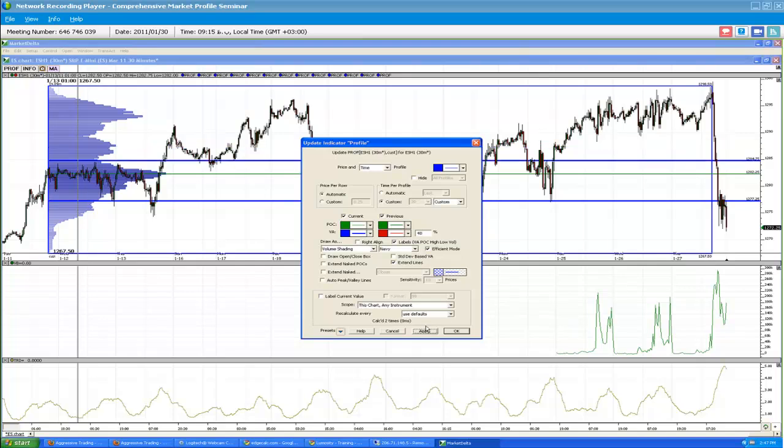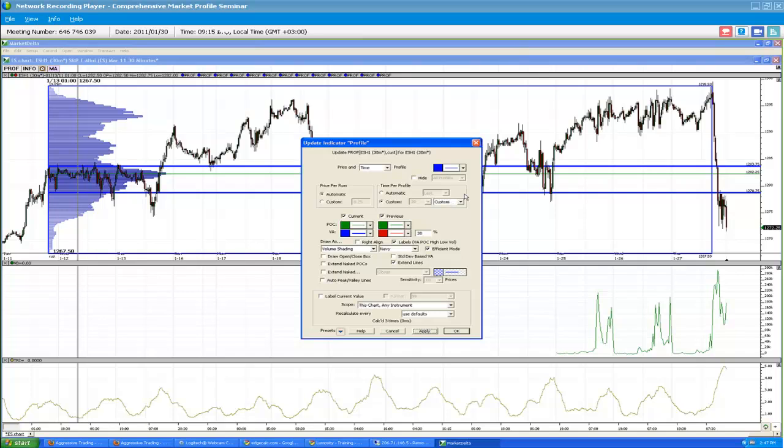What's been confirmed now? What do we have? First of all, has the high of the range been tested? Has the low of the range been tested?